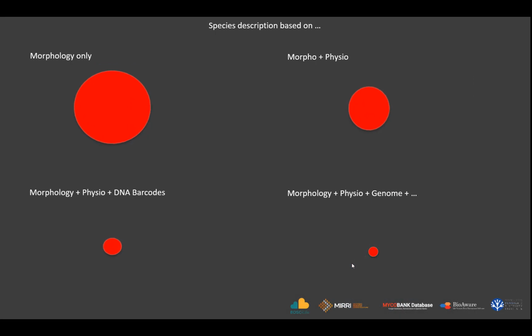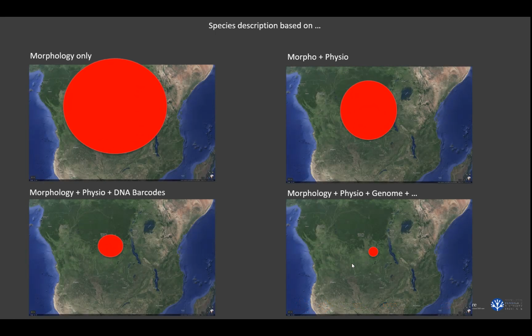And the more you zoom in and the more precision you want, the more information you want about the organism you have in hand. The fewer characters you have to describe the species, the less accurate the information you will be able to reach from the species description.